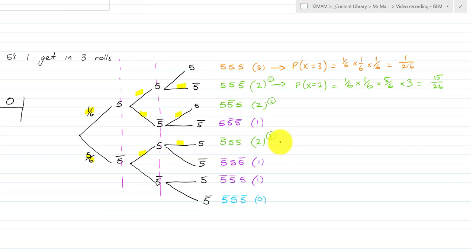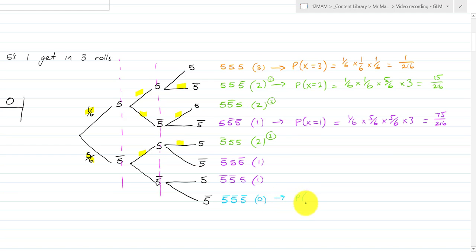And then I've got my purple one. My purple one is the probability that x, the number of 5s I get, is 1. And that's equal to 1/6 times 5/6 times 5/6. And again, there are 3 ways of doing it. So multiply by 3. And that's 75 over 216. And then I've got this light blue one.